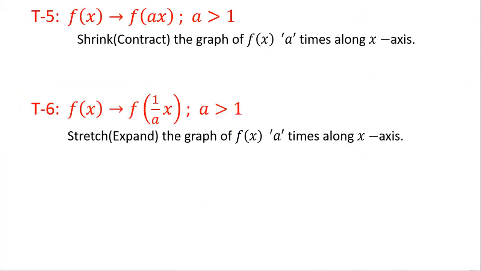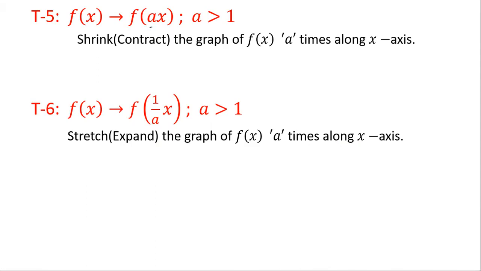With your own example. I will go to the next transformation, that is f of ax and f of 1 by ax. See, this is just the reverse of the previous example. That was along the y-axis, everything was along the y-axis. Now this is everything along the x-axis.